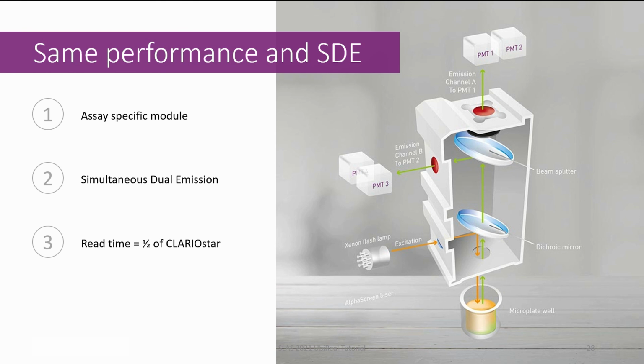But the primary difference between the CLARIOstar and the PHERAstar line is the fact that the PHERAstar has simultaneous dual emission. So what this means for fluorescence polarization is that both the parallel and perpendicular emission signals can be read simultaneously. Therefore, the read time that you will have with the PHERAstar will be half what you see for the CLARIOstar.